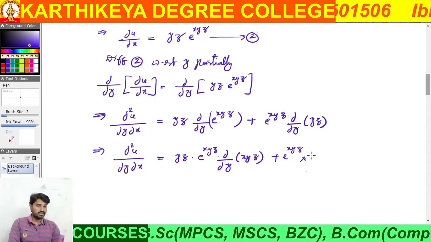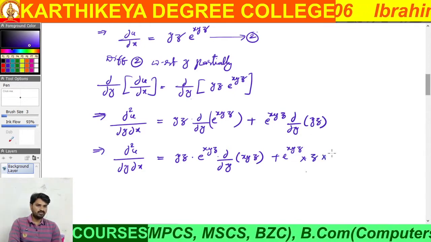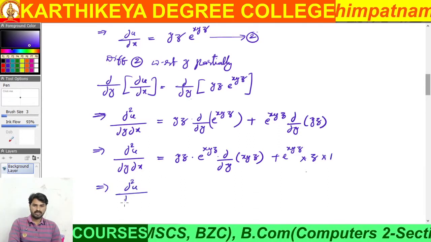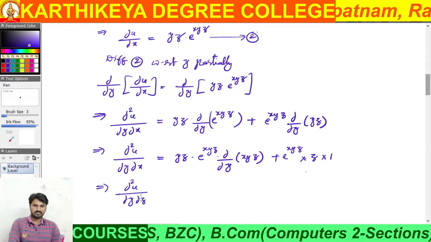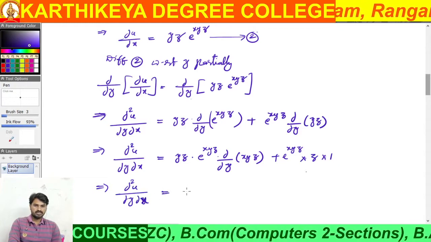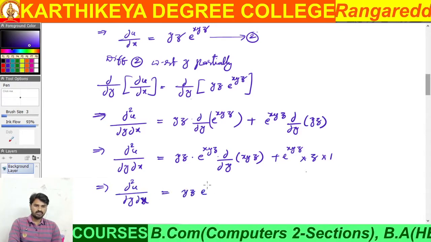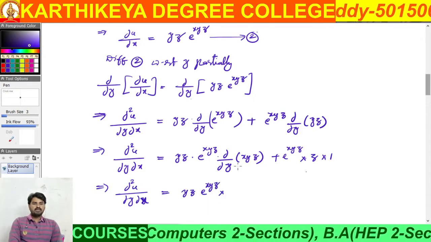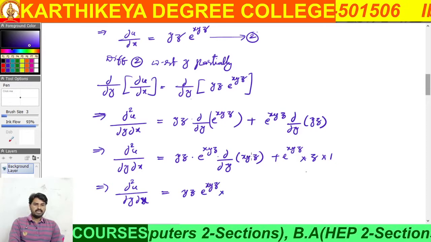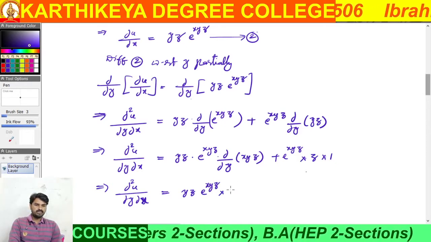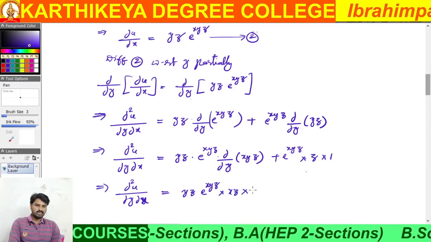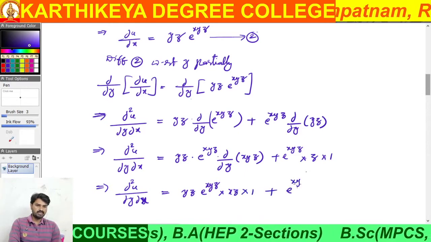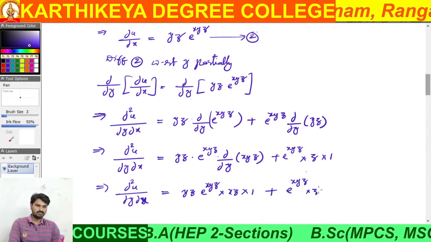You can treat z as constant and the derivative of y with respect to y is 1. The derivative of xyz with respect to y: here xz is constant and the derivative of y with respect to y is 1. Now e power xyz into z.